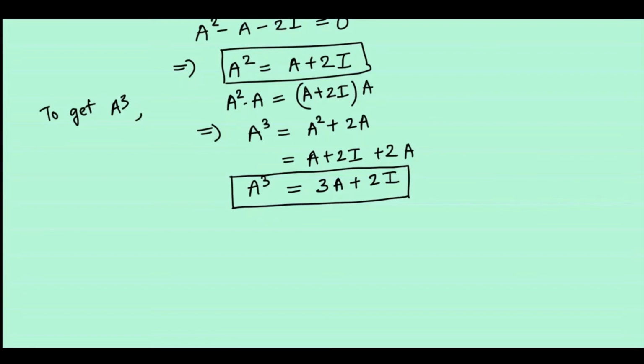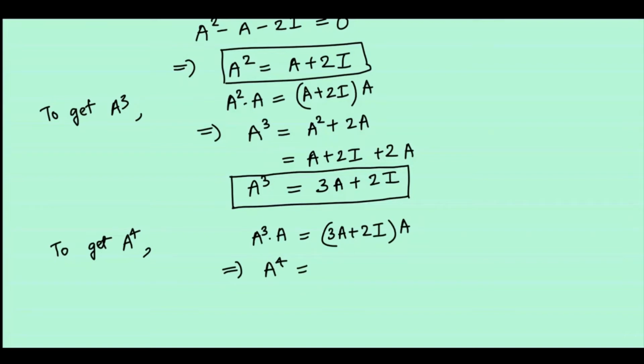Now suppose again we want to find A4. To get A power 4, suppose we want to compute A power 4, what we have to do is again multiply this with A. So you will get A cube into A is equal to 3A plus 2I into A. So this implies A power 4 is equal to 3A square plus 2A.